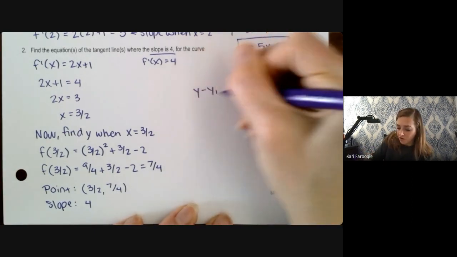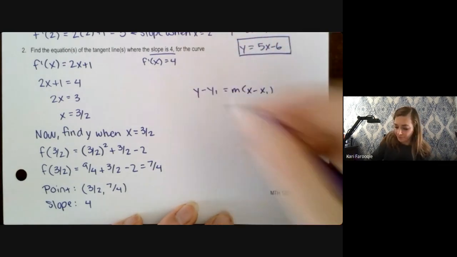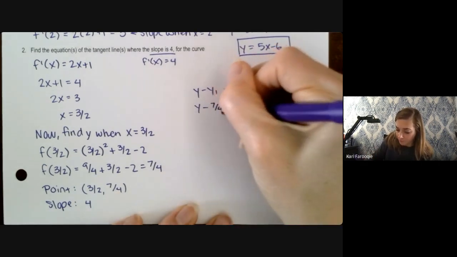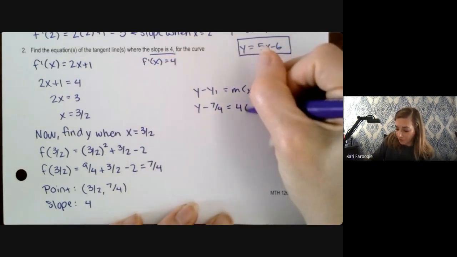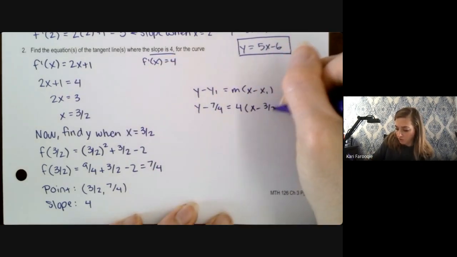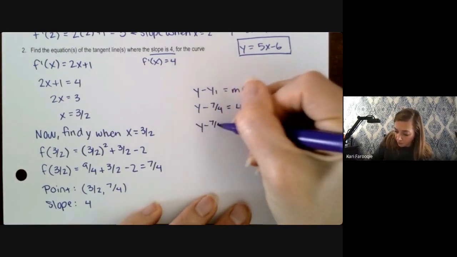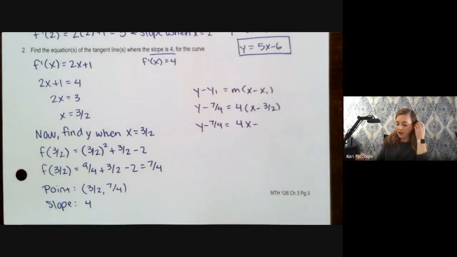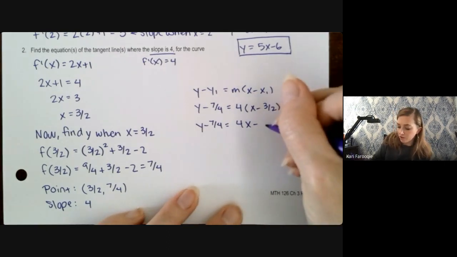So y minus y sub 1 is m times x minus x sub 1. So we have y minus 7/4 equals the slope, which was given to you as 4, times x minus the x coordinate at that value, which is 3/2. So we'll distribute 4 times 3/2. Well, 4 times 3 is 12. Divide that by 2 and you get 6.